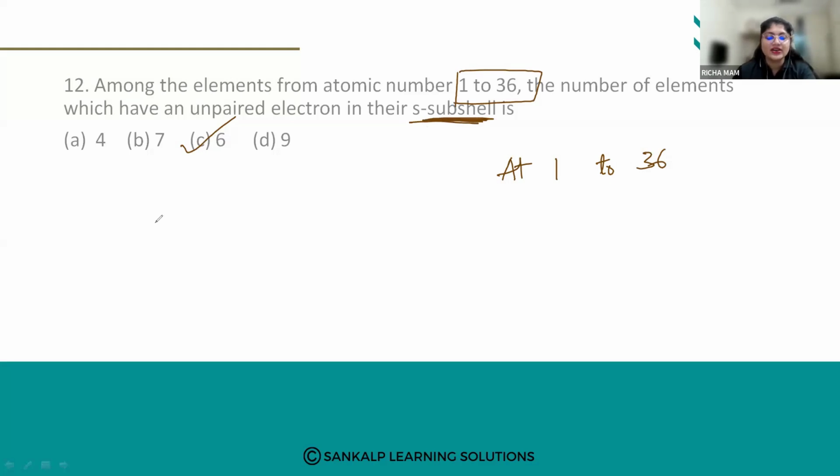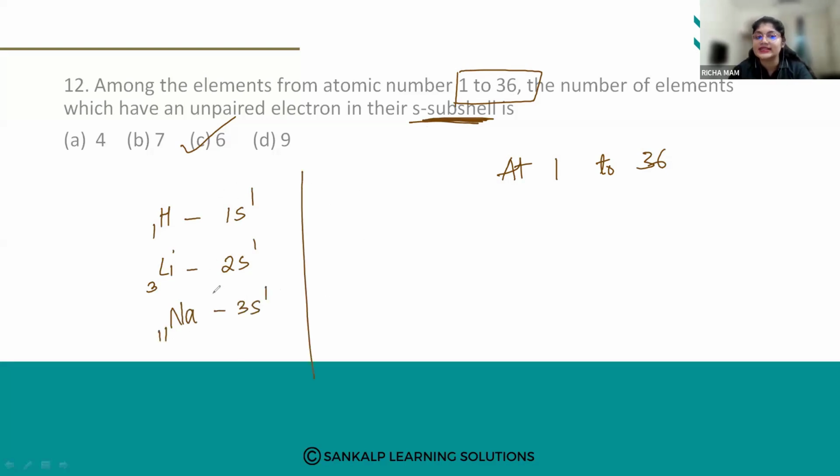Which are the elements? First is hydrogen, with 1s1. Then lithium, with 2s1. Then sodium, with 3s1.